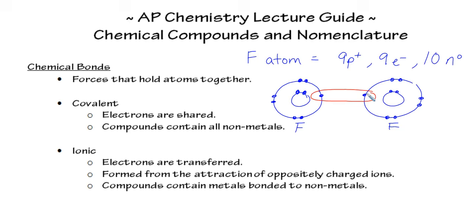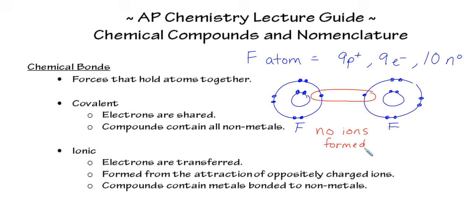Covalent compounds are usually formed between nonmetals. In this case, we should make note, we will have no ions formed. And I may be jumping the gun a little bit by using this word ion. Ions are charged particles that result from the transferring of electrons, either gaining or losing electrons.